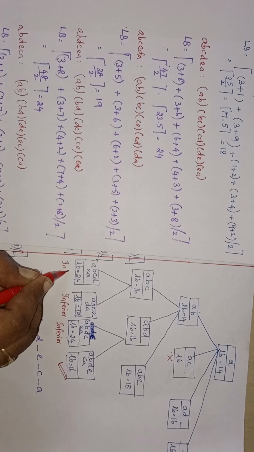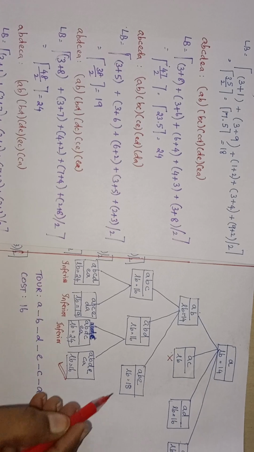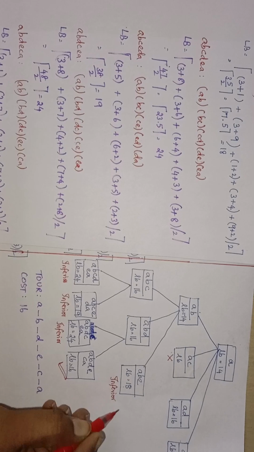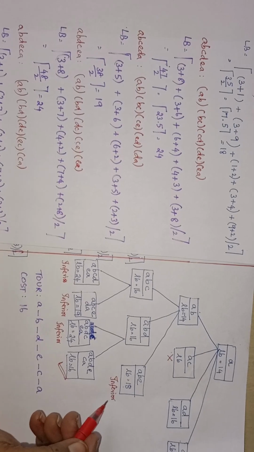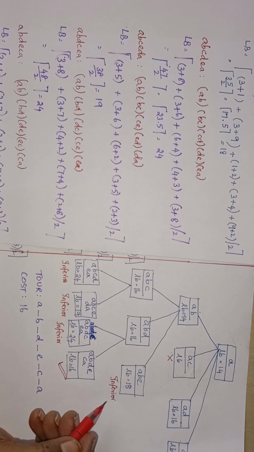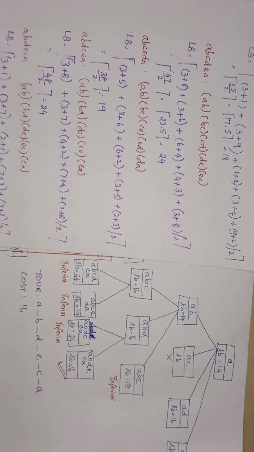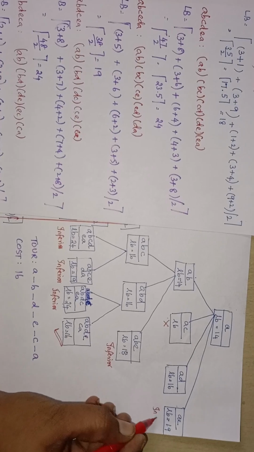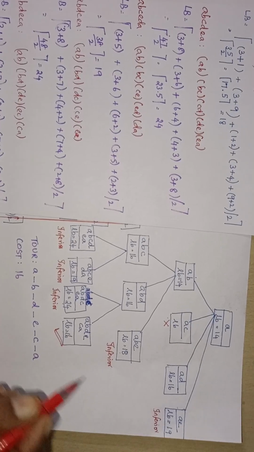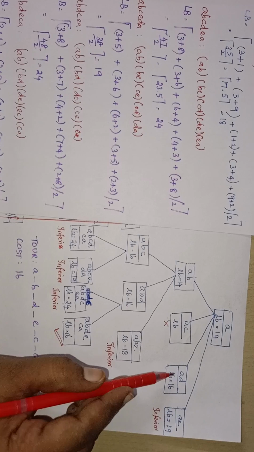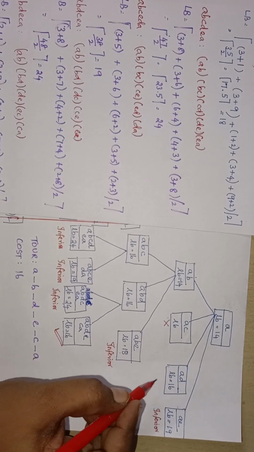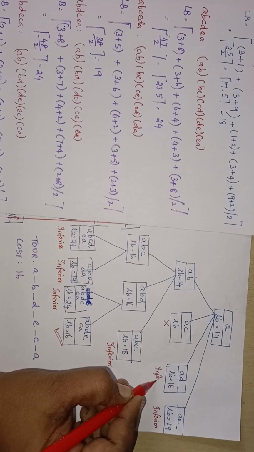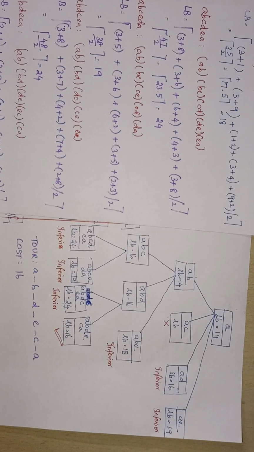This also inferior. 18 is also greater than 16, so inferior. 19 is also greater than 16, so inferior. 16 and 16 are equal, but here I have visited just 2 cities. So if I explore further, definitely it will also end up in higher values. So this is also considered as inferior.